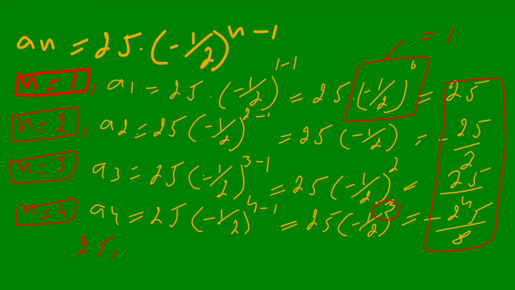25, 25 over 2 minus here, and 25 over 4, also minus 25 over 8. This is the first 4 terms right here.